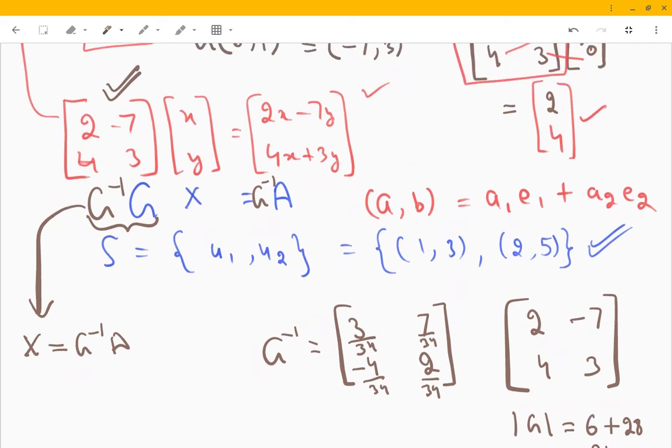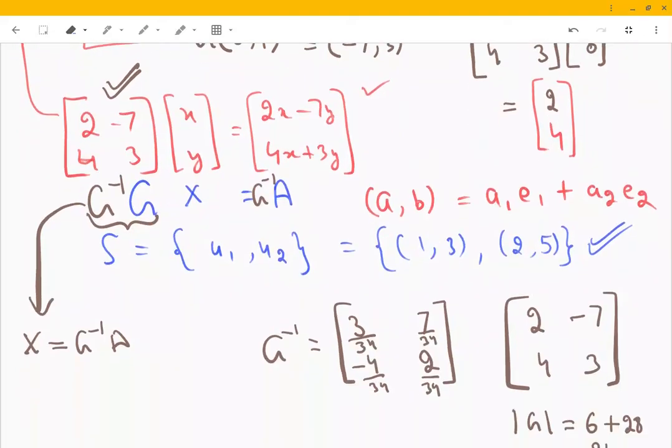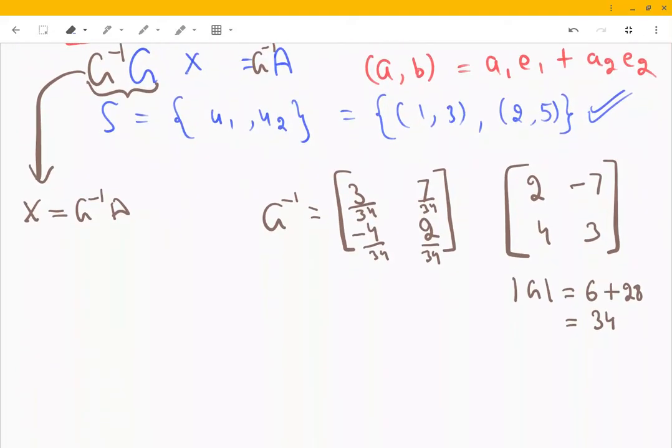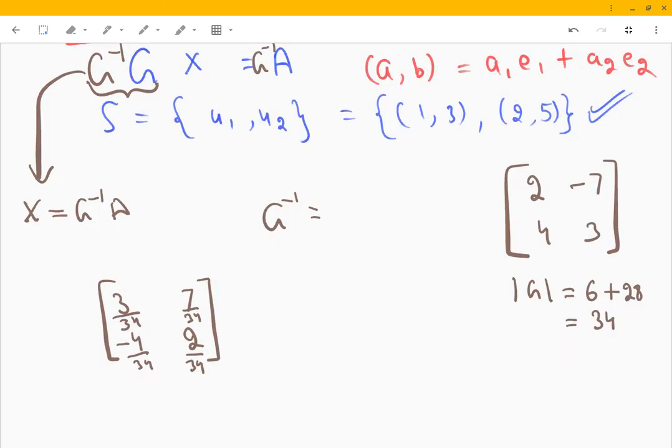Interesting thing we've got. Let's look at this. What was happening here? 1 0, this 1 0. When we were operating this matrix on our base vector, we were getting 2 4. Now let's apply the inverse to 2 4. Let us take this on the left and operate it with 2 4. Let's see what we get.